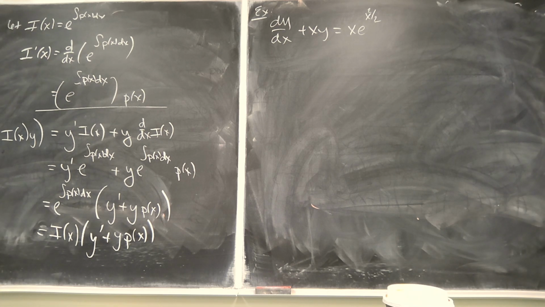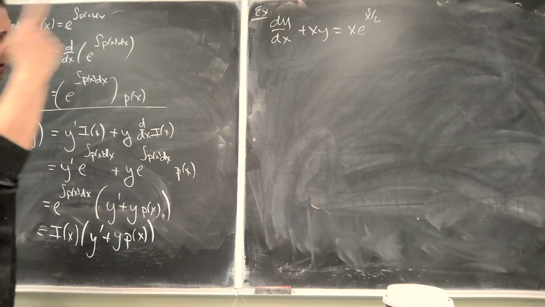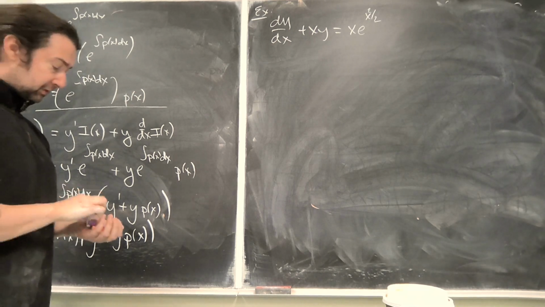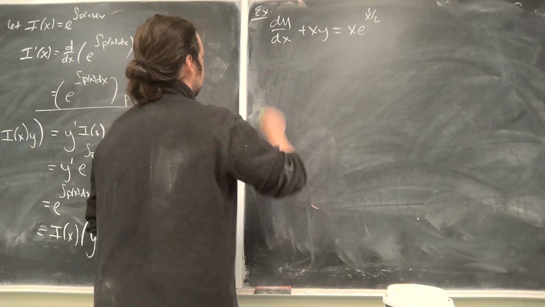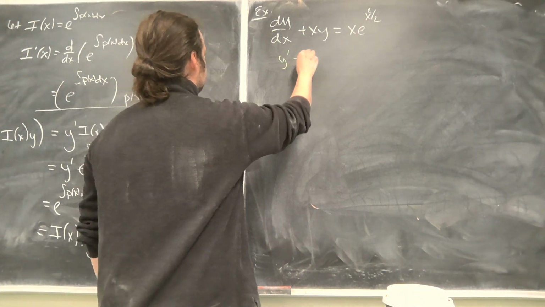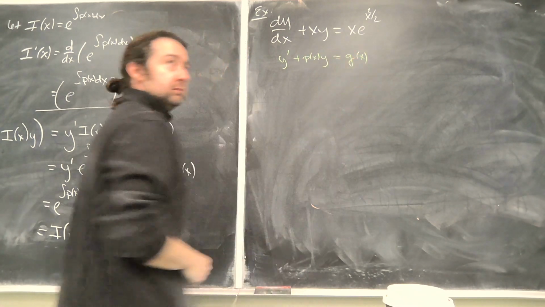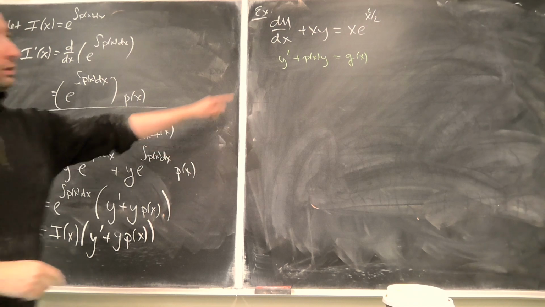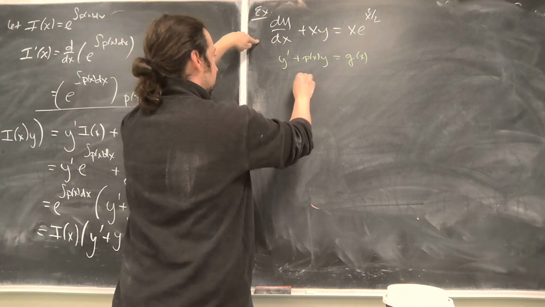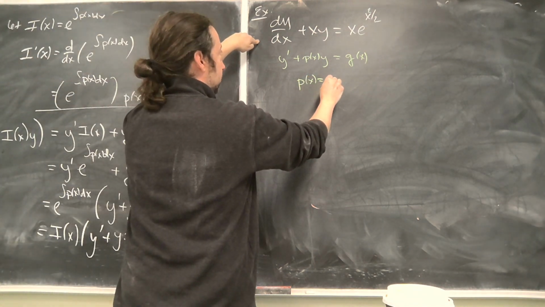I'm going to look at that and think, all right, it's in the right form. It's definitely of the form y prime plus p of x y is equal to q of x. So I've got a coefficient of 1 out front. p of x is equal to x.